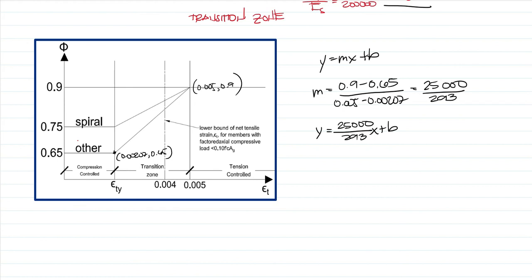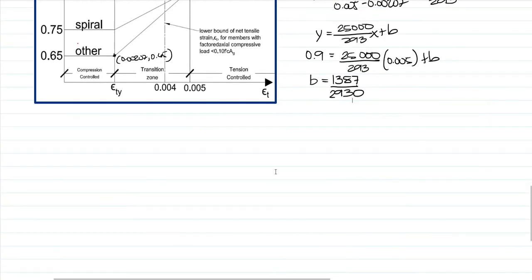So, yung y natin is 0.9 is equal to 25,000 over 293 times yung 0.005 plus b. So, our y-intercept now will be equivalent to a value of 1387 over 2930. So, yan ngayon yung y-intercept natin. So, as you can see, kompleto na natin yung equation.